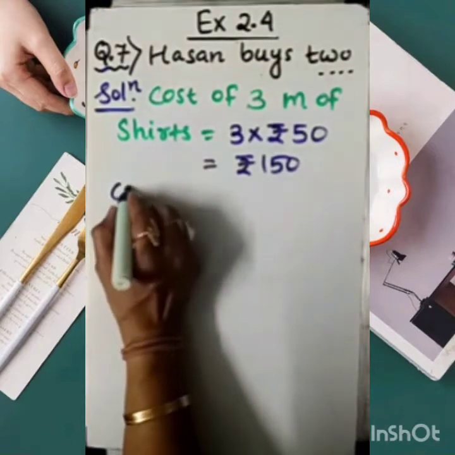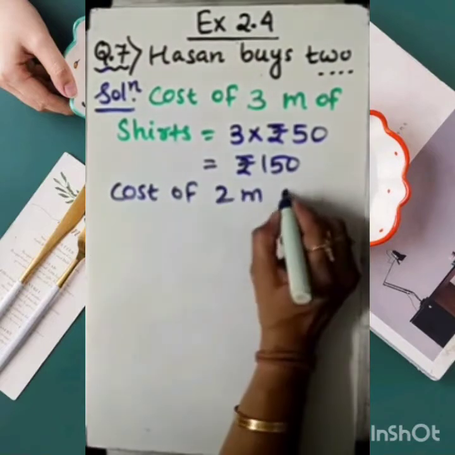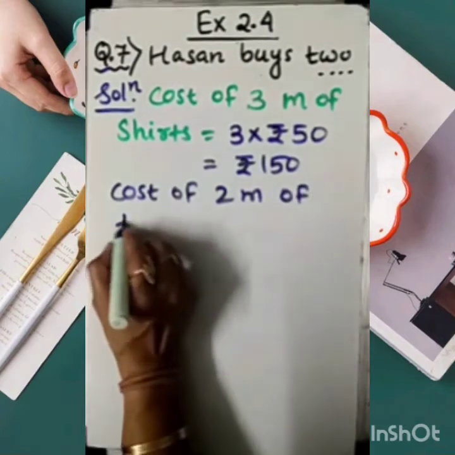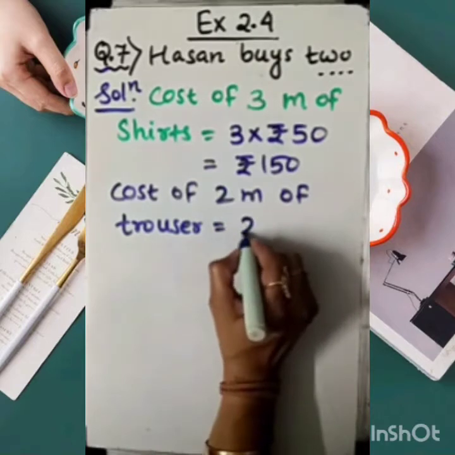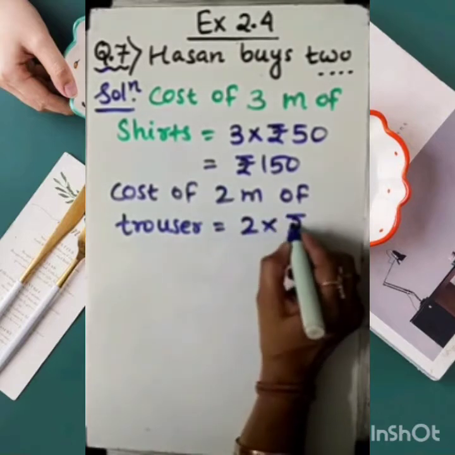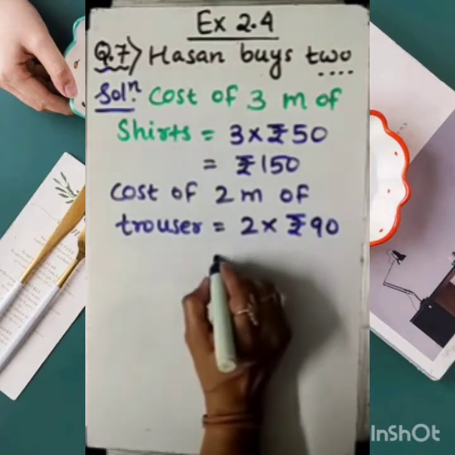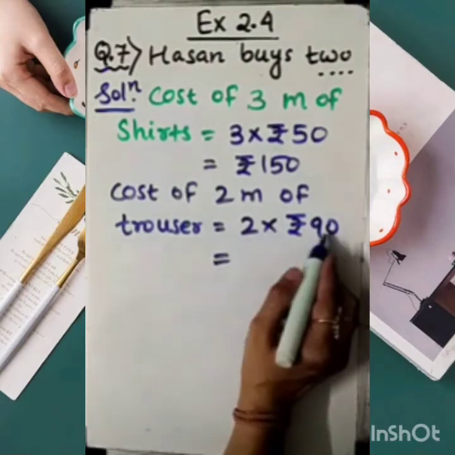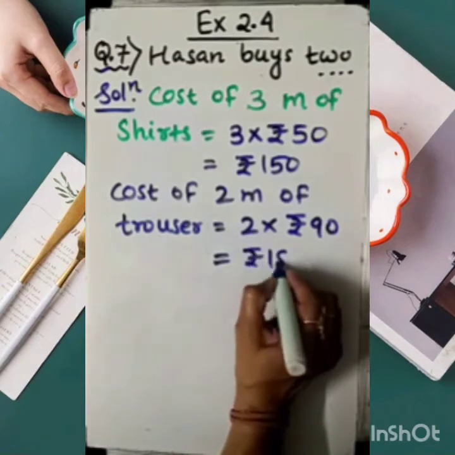Next step, please note down the cost of 2 meter of trouser. How much trouser material is needed to make a trouser? That is 2 meter, and the cost of each is rupees 90 per meter. So the total amount, 90 into 2, is rupees 180.